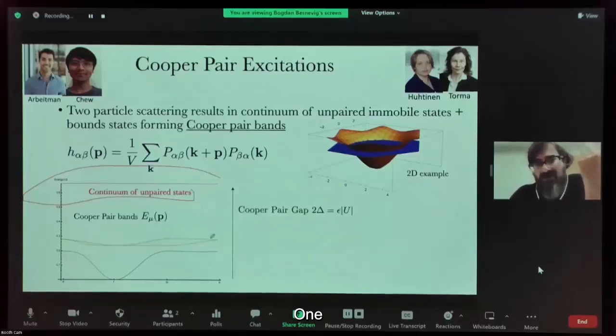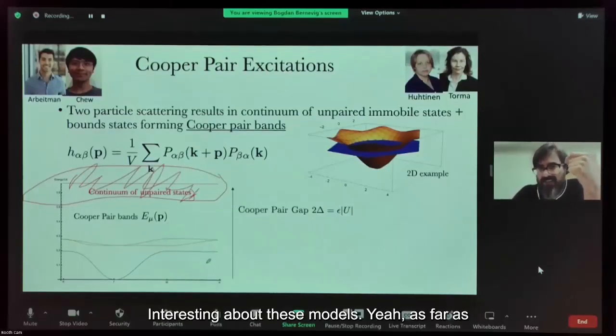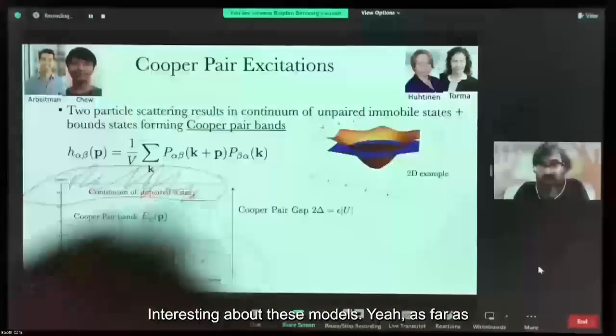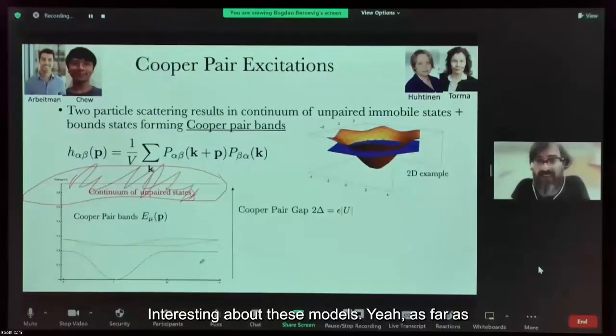But what's interesting about these models is not what they lack, which is a dispersion for the particle-particle continuum. What's interesting about these models is that they basically capture the collective behavior. They immediately give you an analytic way of understanding the collective behavior. So you see these modes, for example, here there are 3 modes, right?